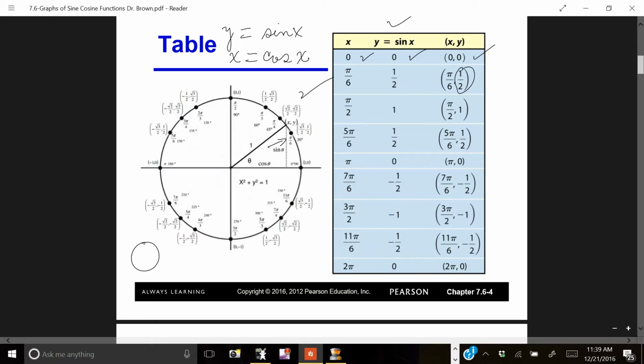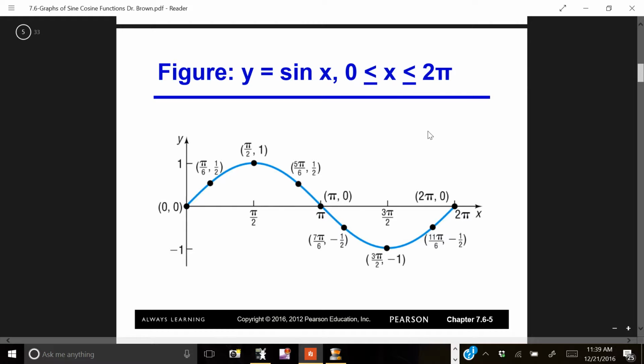At pi over 2, the value is 1. And at 5 pi over 6, the value is 1/2. Going on all the way to 2 pi, you come back to the value being 0. So these are the points we want to graph for our graph of sine of x.